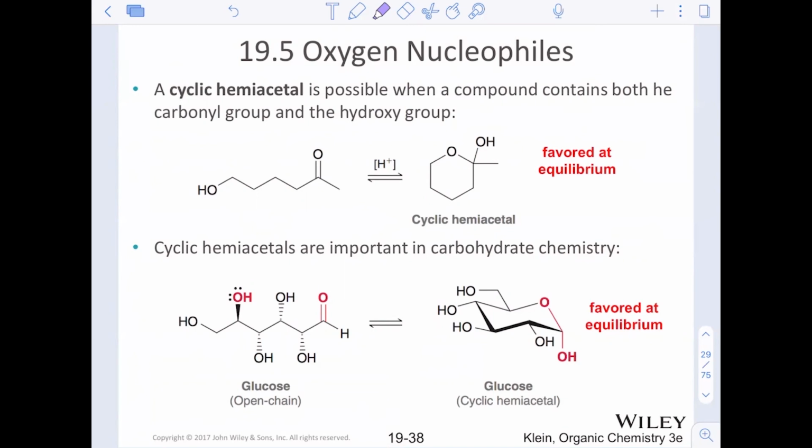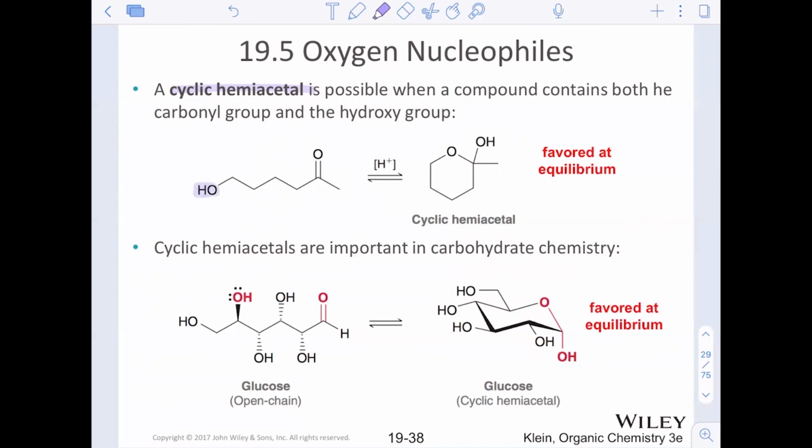However, the only time that we are able to isolate a hemiacetal is if it is a cyclic hemiacetal. Cyclic hemiacetals occur when we have intramolecular cyclization, when we have an intramolecular reaction.